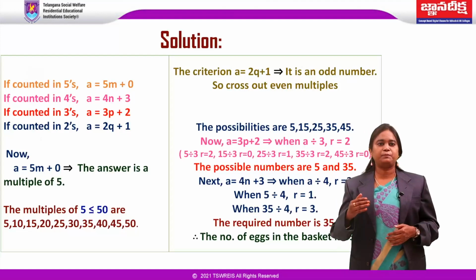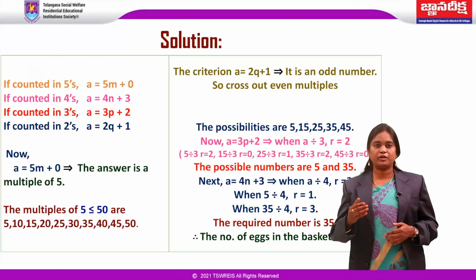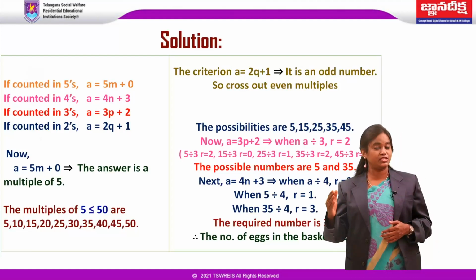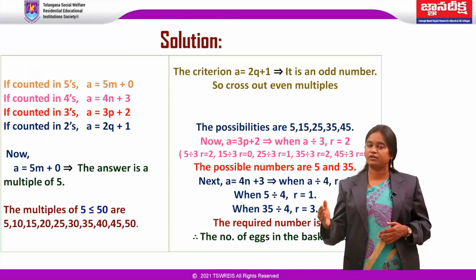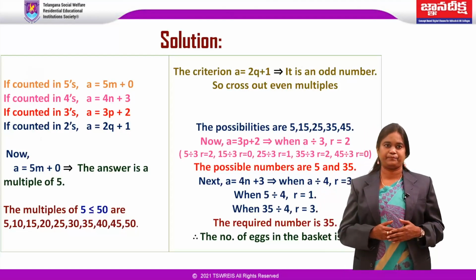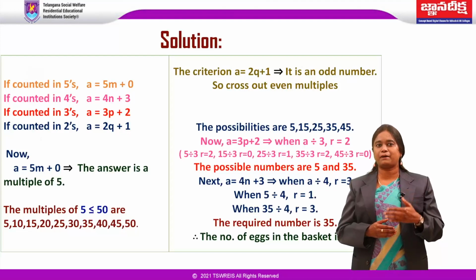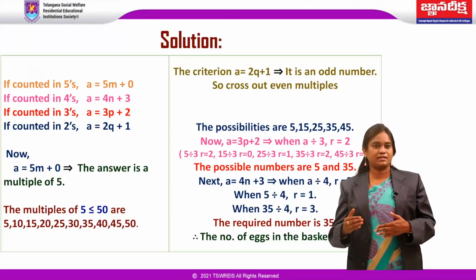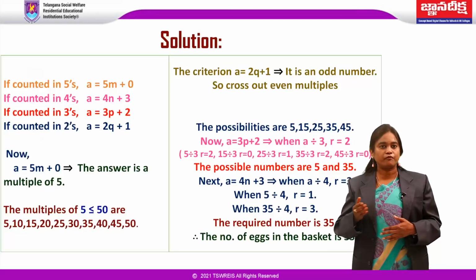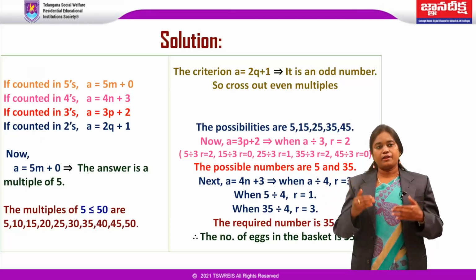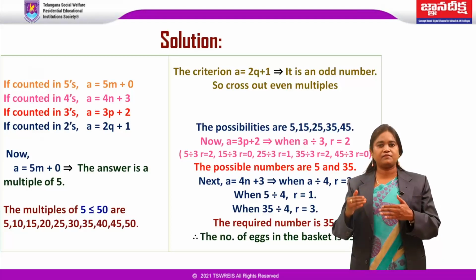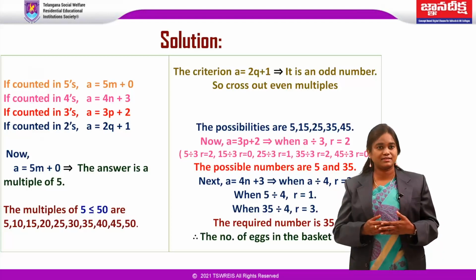So, the multiples of 5 less than or equal to 50 are 5, 10, 15, 20, 25, 30, 35, 40, 45 and 50. So, the answer to this puzzle is one of the multiples of 5 which is less than or equal to 50. Now, out of these 10 numbers, which one gives the exact number of eggs?